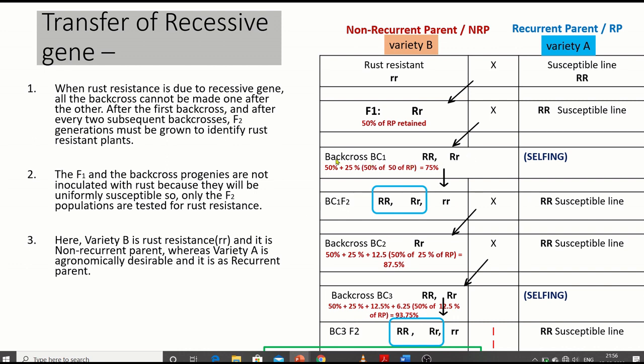So the self BC1 will be called the BC1 F2 generation because it shows segregation. So when the recessive homozygous kept is crossed with the susceptible line, it will then produce the heterozygous type.